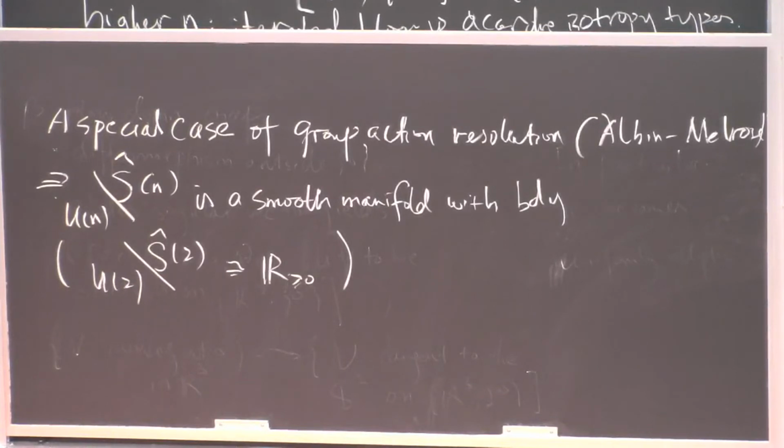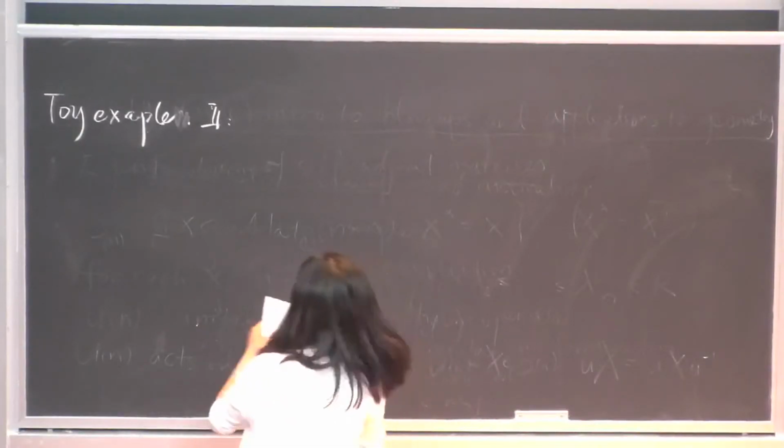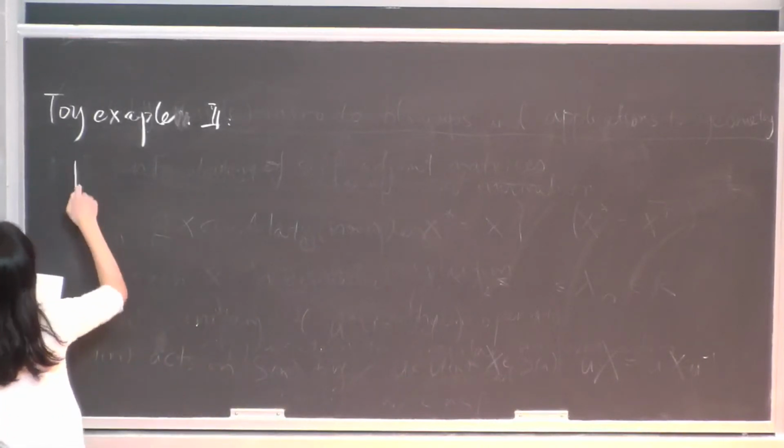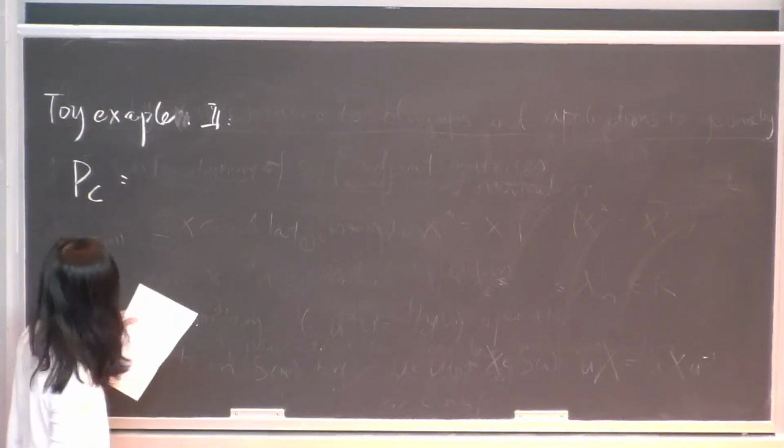Now let me talk about a more analytic example. Toy example 2. I'm going to consider the following operator, which is a one-dimensional operator. It cannot be simpler.